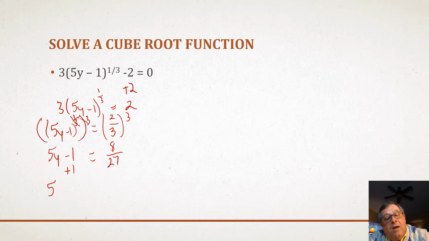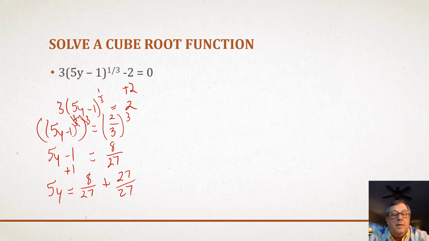Then I'm going to have 5y equals 8/27 plus, well, I'm adding 1, right? Well, 27/27, I need a common denominator if I'm going to add those. So now 5y equals 8 plus 27, which is 35/27.